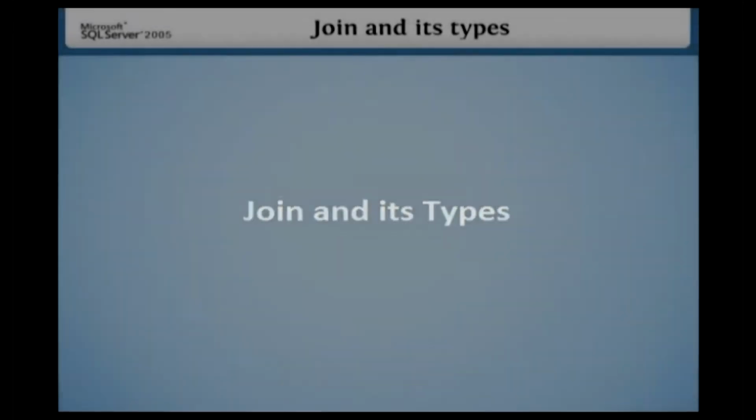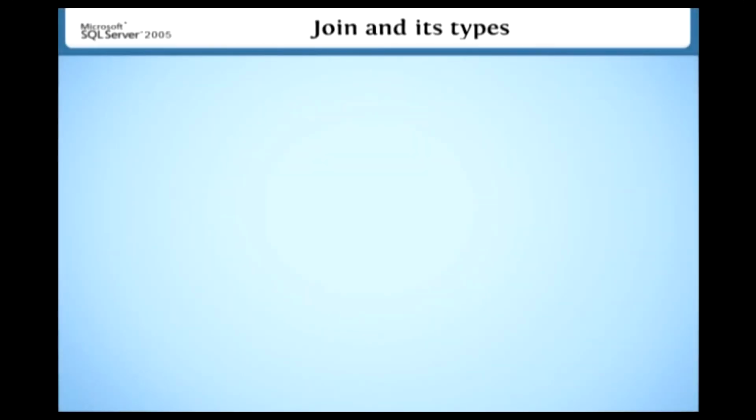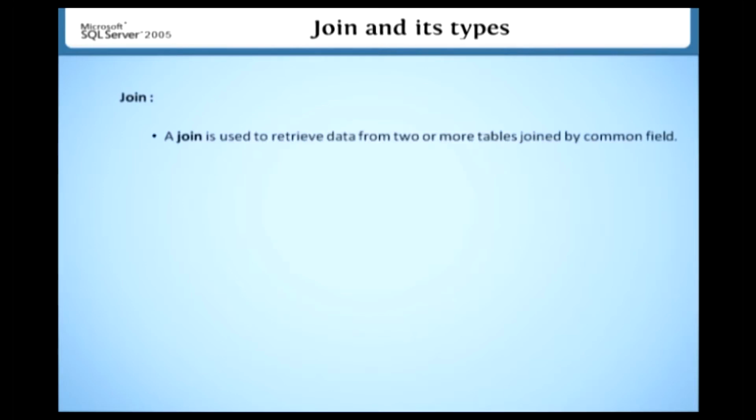Joins and types. You may come across this term called joins in several circumstances. In this lesson, we are going to study briefly about this. Let's start our discussion with the question, what is meant by join? A join is used to retrieve data from two or more tables joined by a common field.